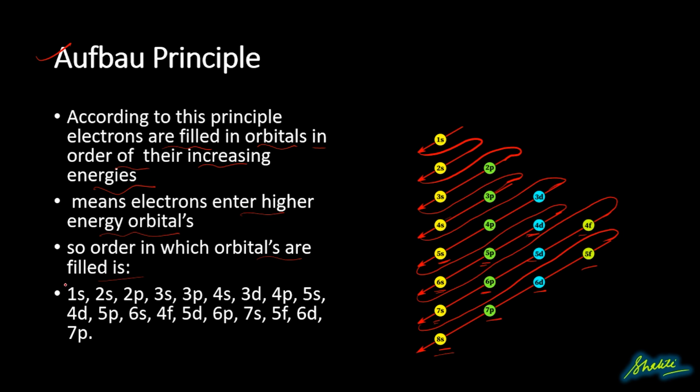So the order is 1s, 2s, then 2p, then 3s, then 3p, 4s, after 4s there is 3d, 4p, then 5s, then 4d, 5p, 6s, and then 4f, 5d, 6p, 7s, and then 5f, 6d, 7p and 8s, like this.